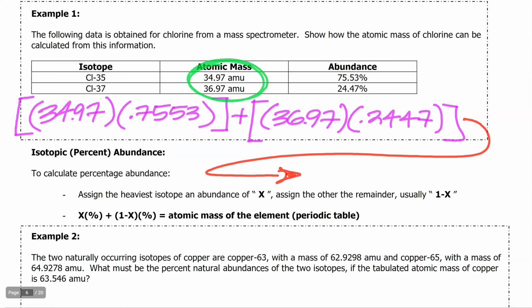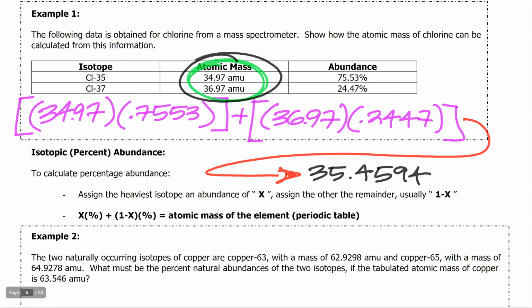Close your parentheses. And you should get a value of 35.4594, which is definitely within our range, right?